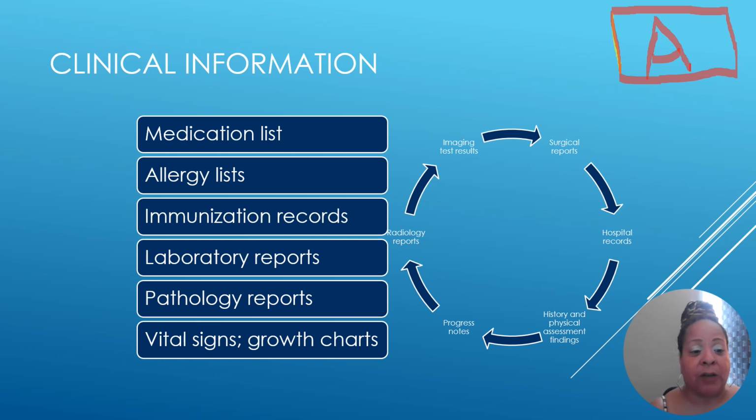But you're also going to have your vital signs area, and that's usually with every visit. Growth charts are really only in pediatric charts. They're not in adult charts. Now, I will tell you, let's say you're new to being a medical assistant and you're trying to get used to using a blood pressure cuff and they don't have an automated one.